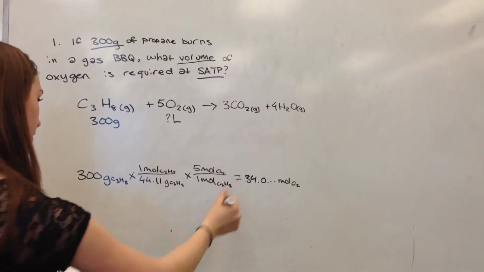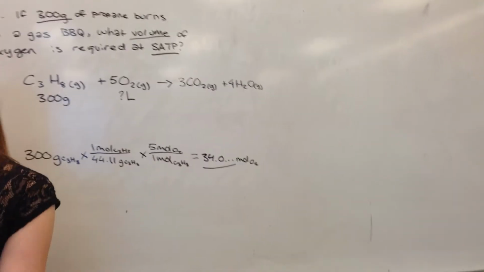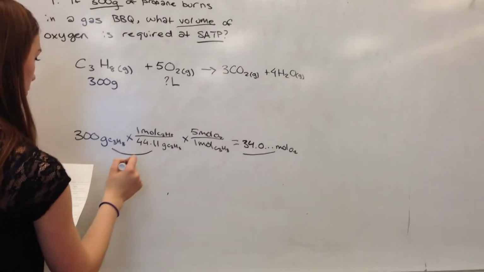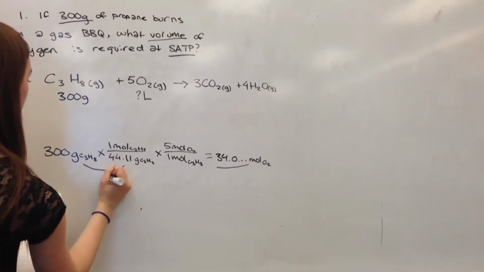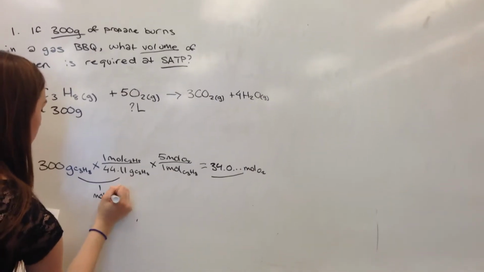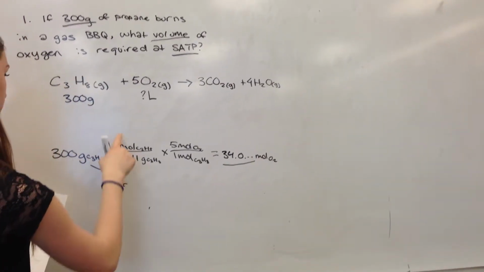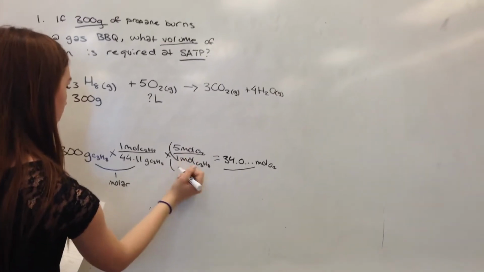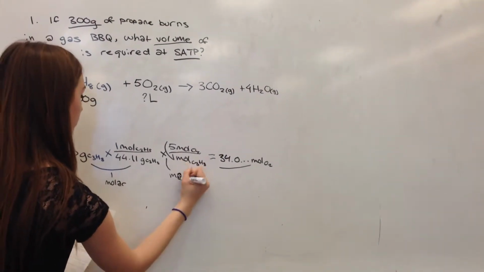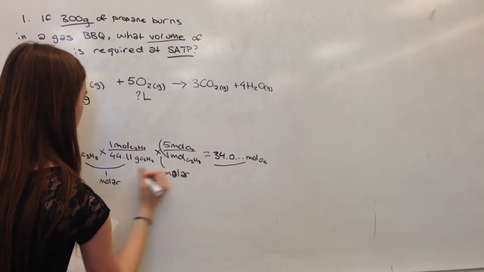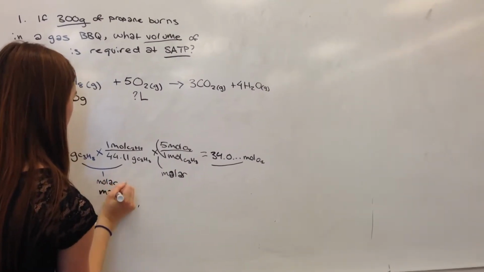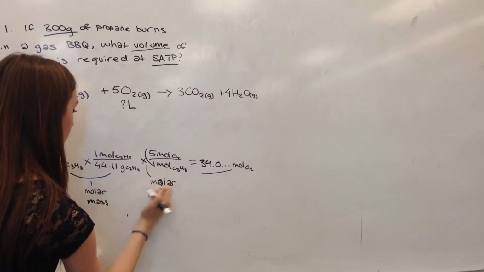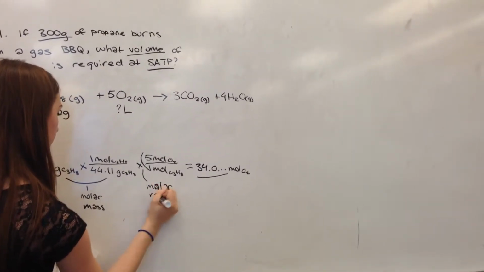Okay, so keep all of your significant digits in your calculator. Okay, so here we use the molar mass, and that converted grams into moles of propane. And here we use the molar ratio, which converted moles of propane into moles of oxygen.